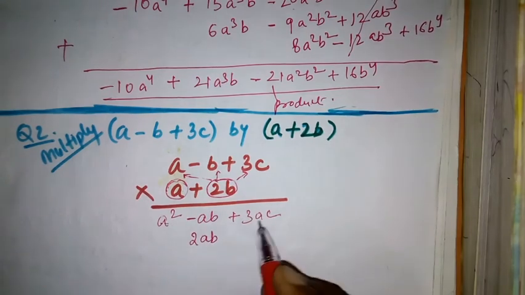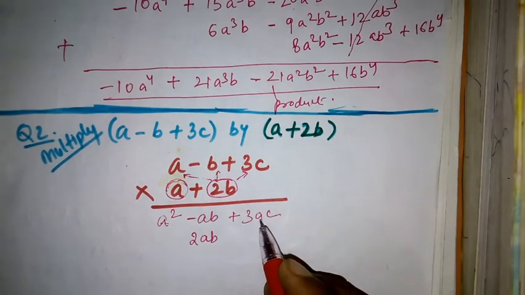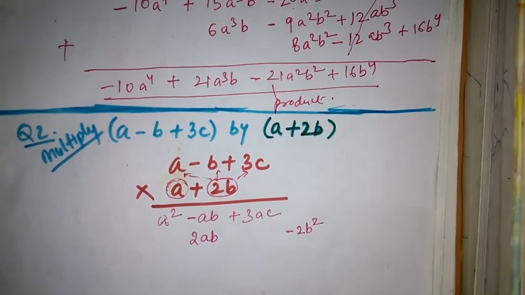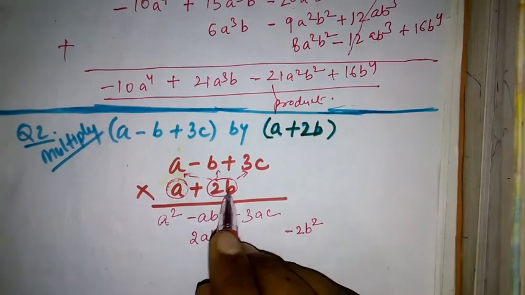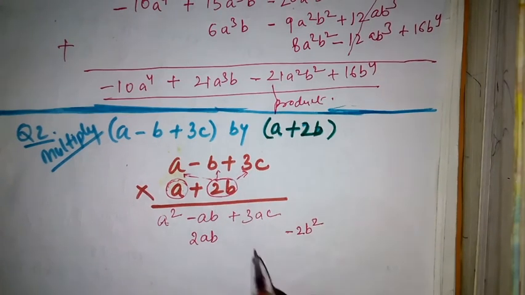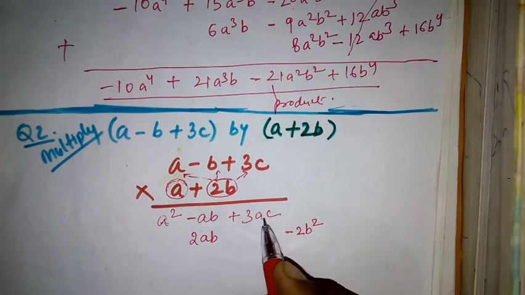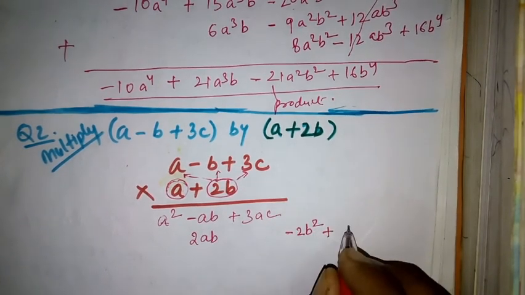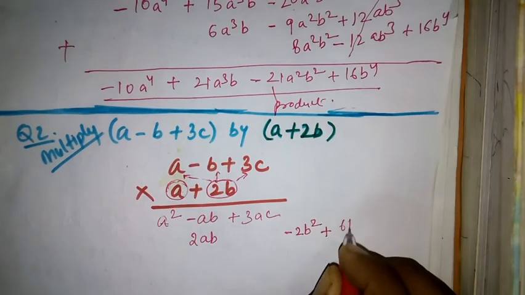There is no b square term above, so we write it in a separate column. Again 2b into 3c gives us 6bc. There is no bc term above, so again we write it in a separate column.